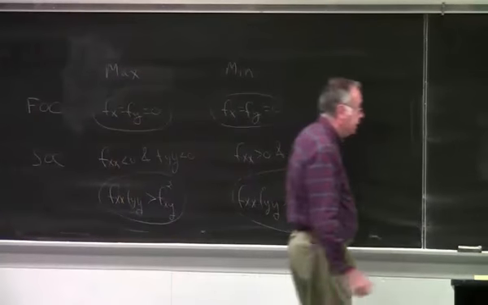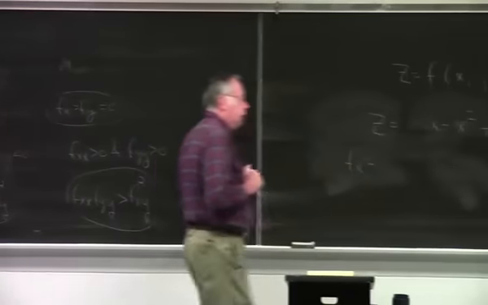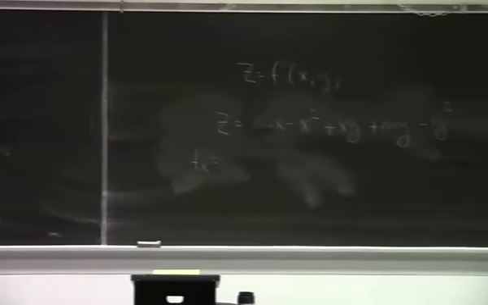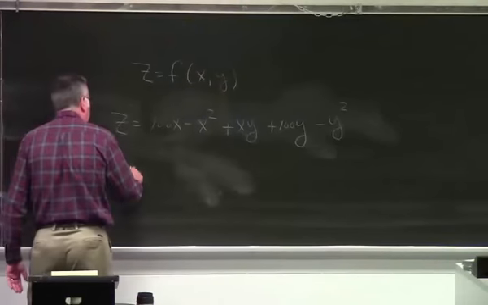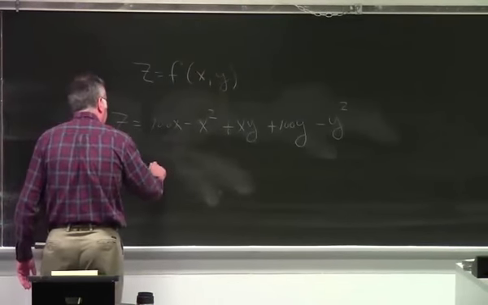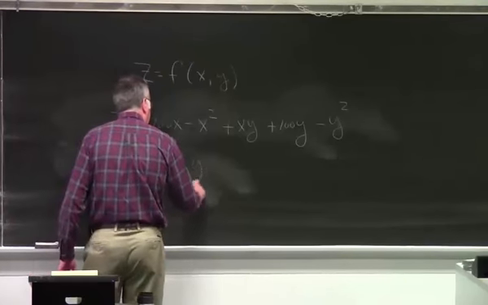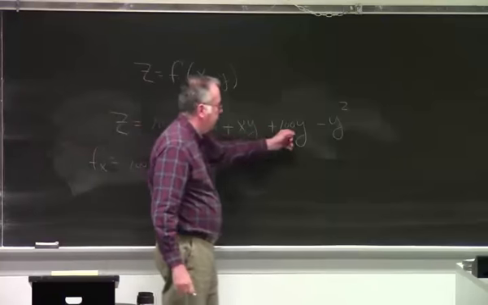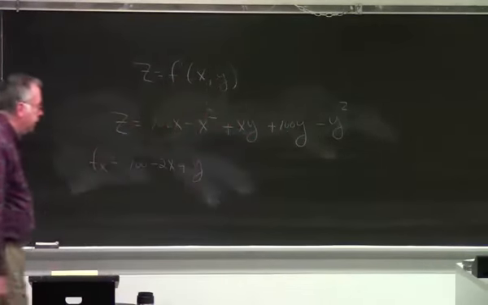Okay, but let's see. F sub x, just a partial derivative of that function with respect to x. If you differentiate, you get 100 minus 2x plus y. These last two terms don't involve any x, so their derivatives are just 0, so they drop out.